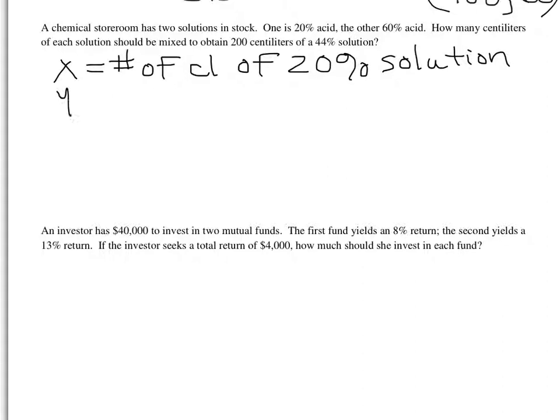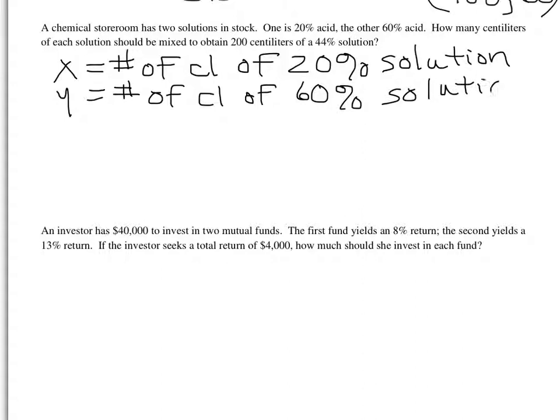So we're going to let Y represent the number of centiliters of the 60% solution. So we know that if we add X plus Y together, if you add the two liquids together, how much liquid will you have?